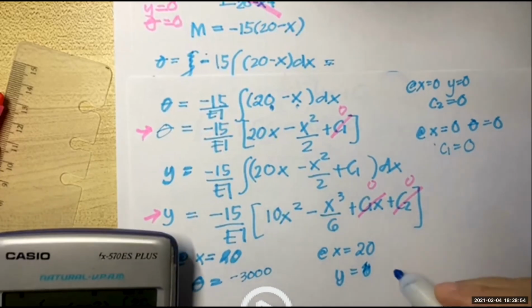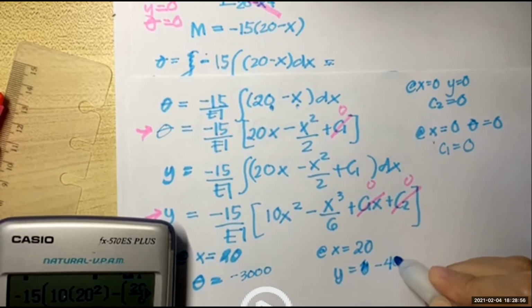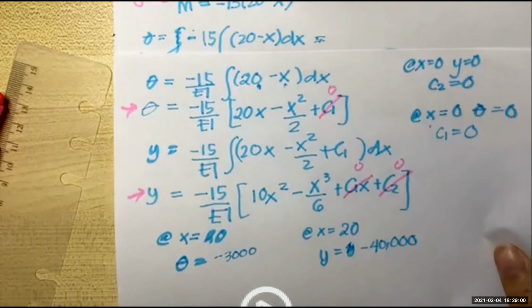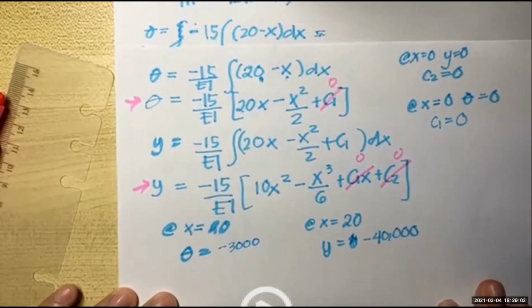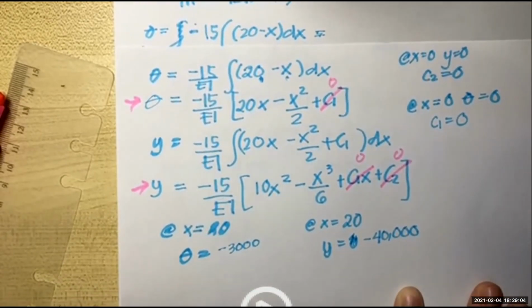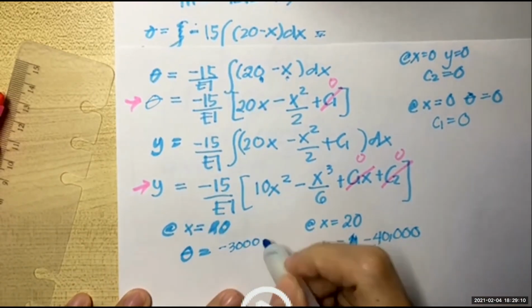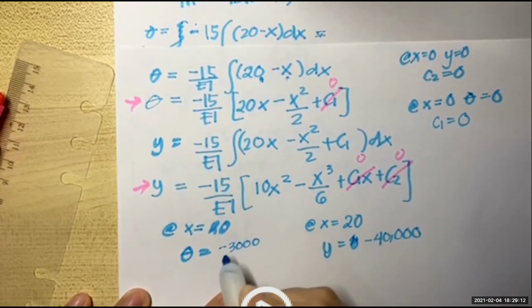Negative 40,000. Tama? So, the unit is kips over EI.